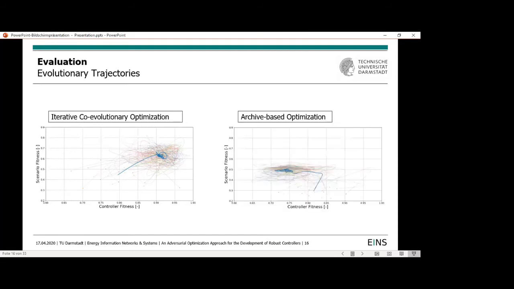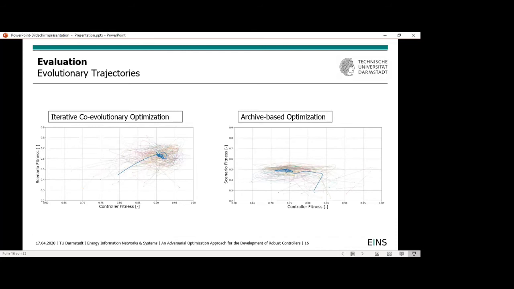And comparing this to the evolutionary trajectories of the archive-based optimization, we see a different behavior. Especially, a proper search path is indicated in the objective space, where we have this search path or trajectory towards a more optimal area.